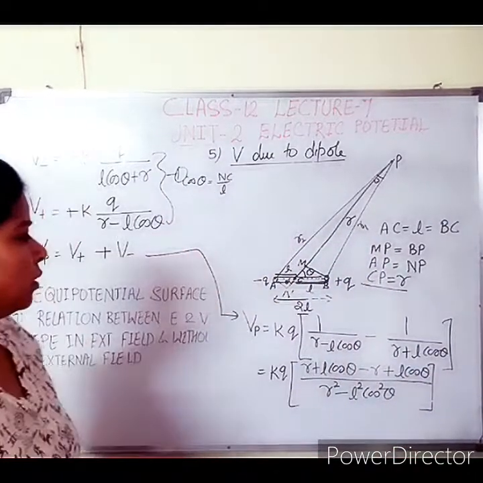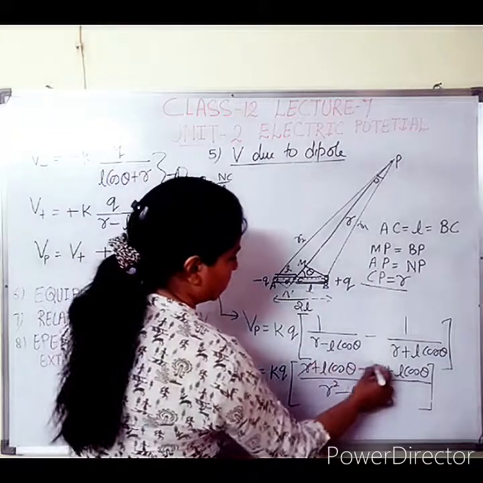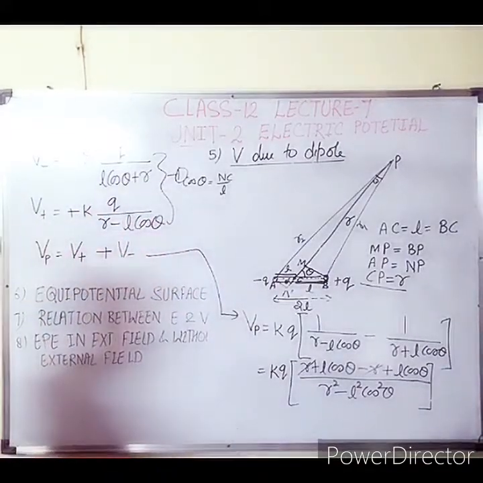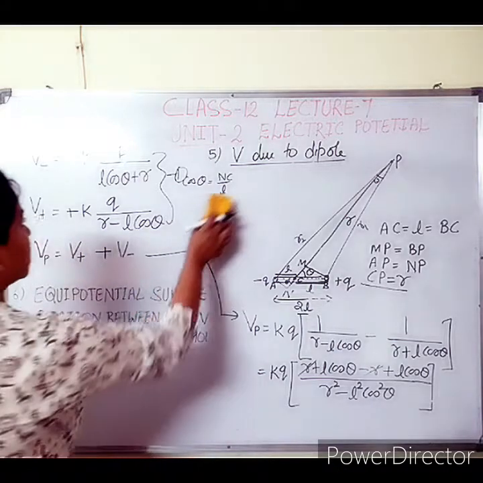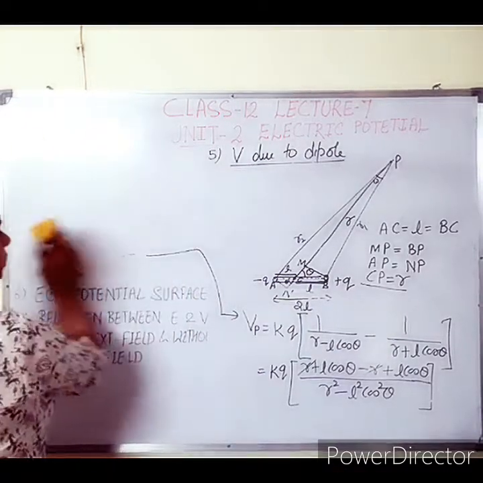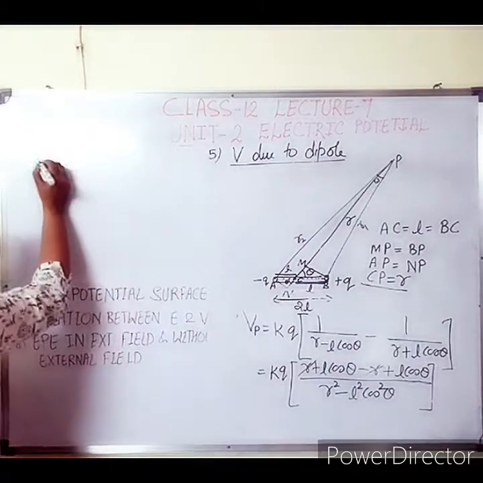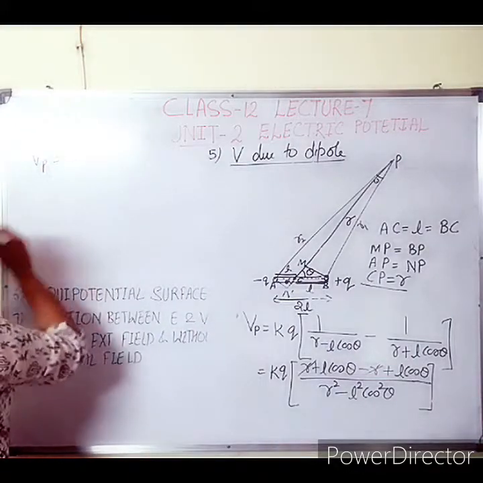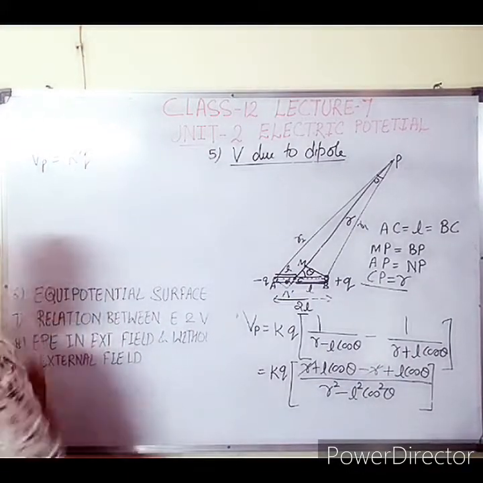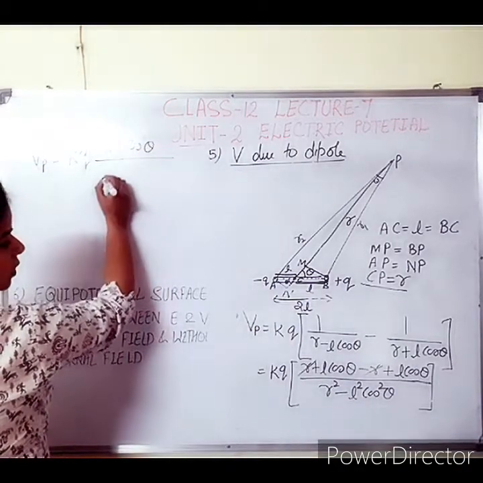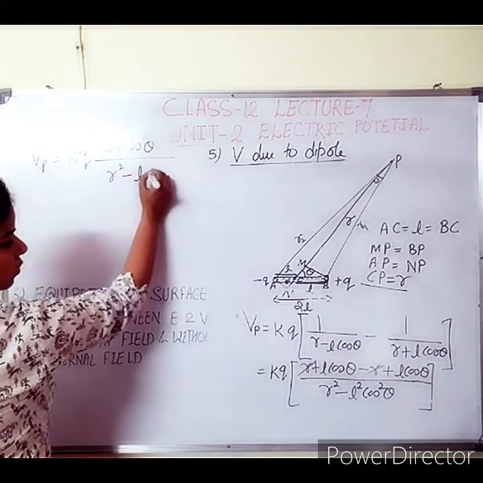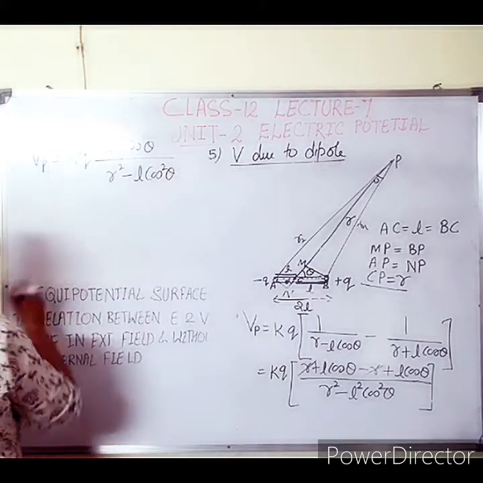Okay, cancel the terms, plus minus here, and L cos theta become 2L cos theta. So take this term here, I am doing here. Vp is equal to KQ into 2L cos theta divided by r square minus of L cos square theta.